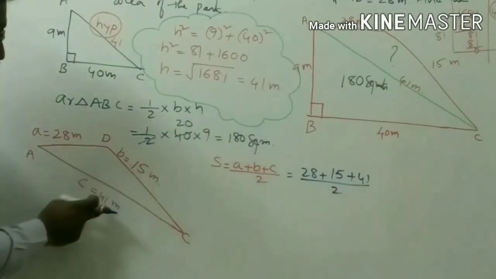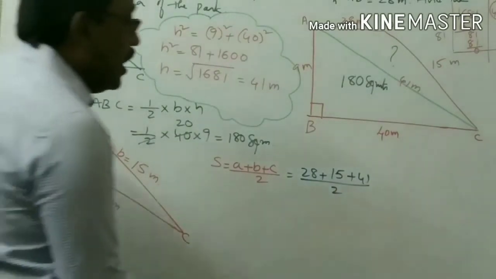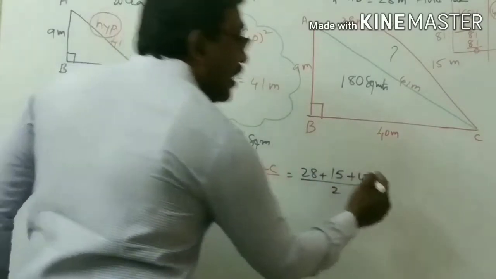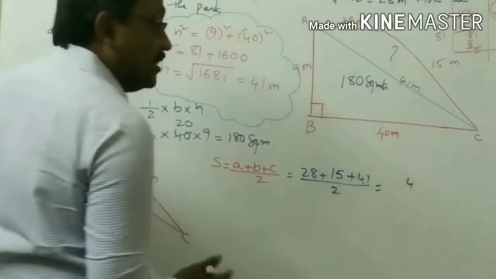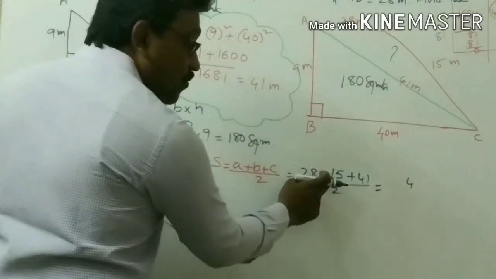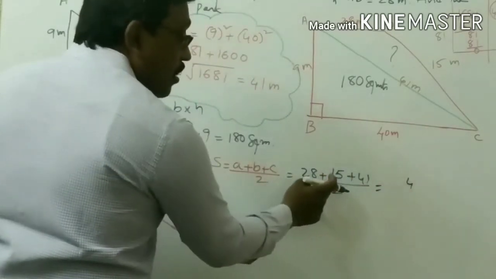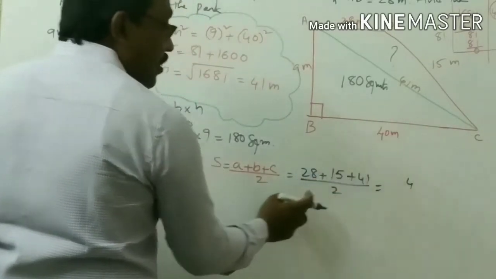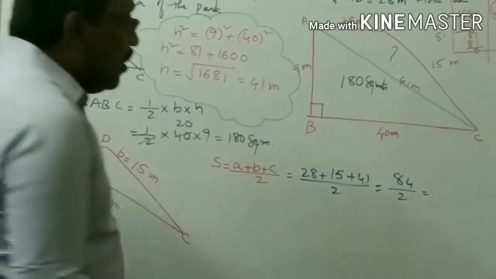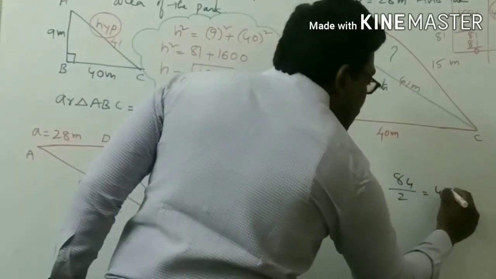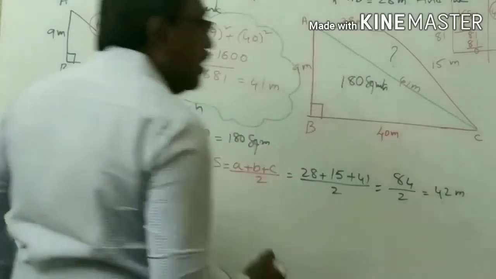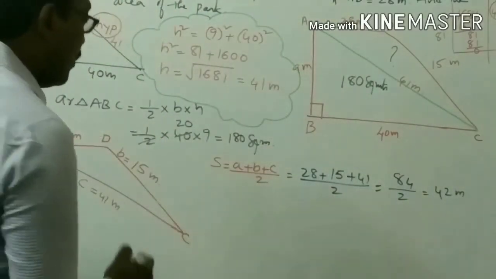A plus B plus C. Now add it. 8 plus 5, 13. 13 plus 1, 14. 1 is carried. 3 plus 1, 4 plus 1. Sorry, 3 plus 4, that gives 84. Now 84 by 2 is 42 meters, because S is the semi-perimeter.